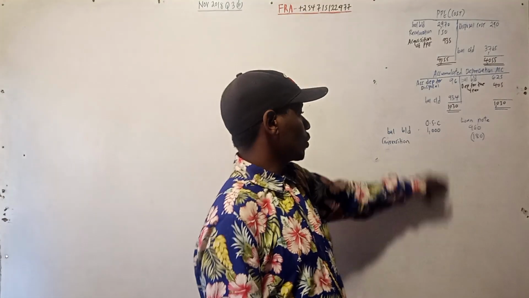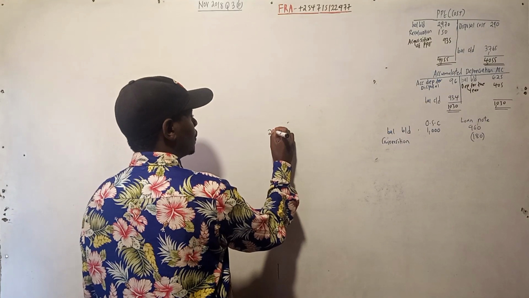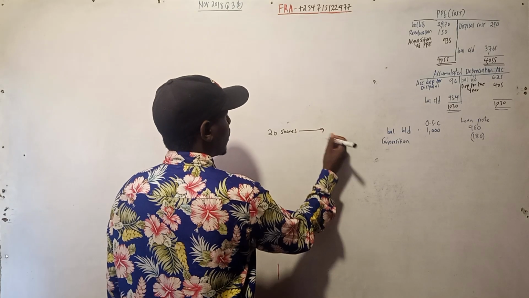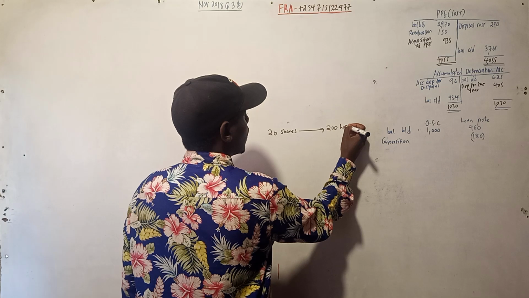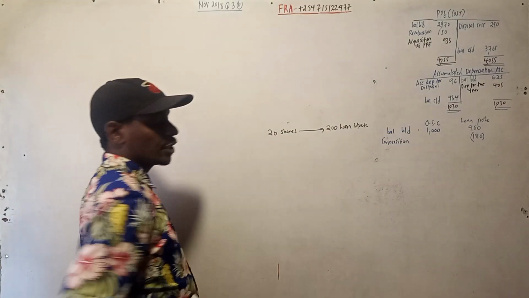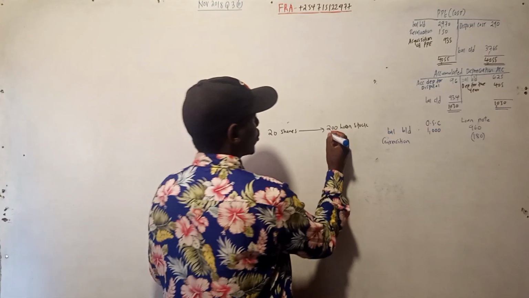But let's see the amount that will come to ordinary share capital. So when they convert 200 of loan stock, they get 20 shares. Now, what about 180 million?